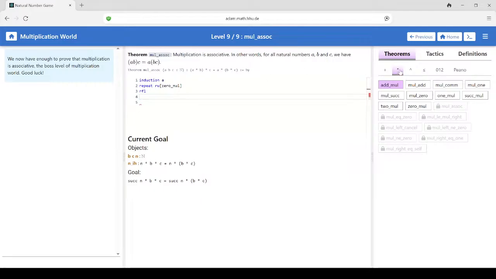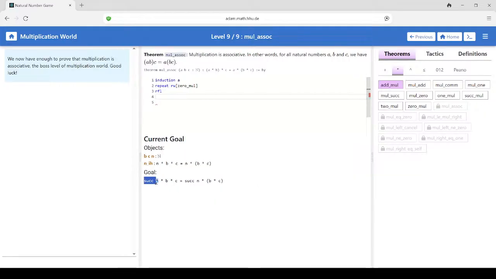We gotta use the only option in this whole list of multiplication, what would you even call them, lemmas, that deals with successors.